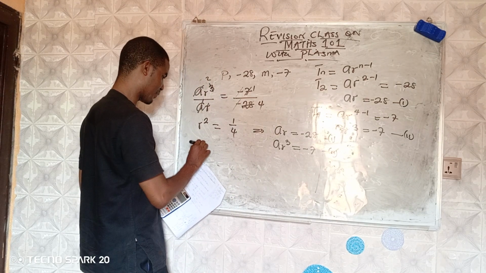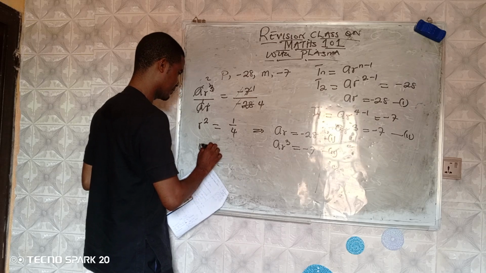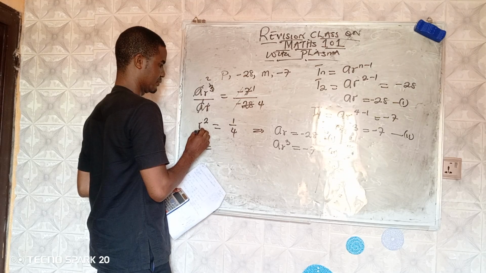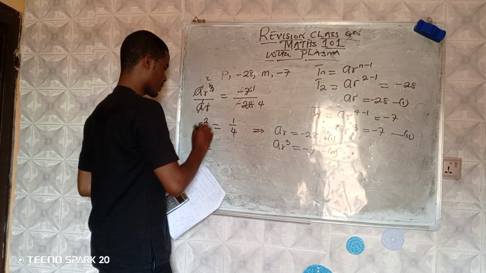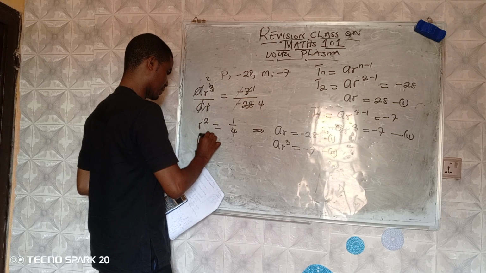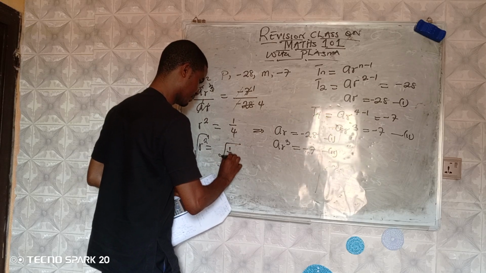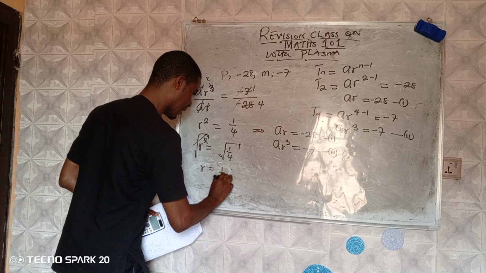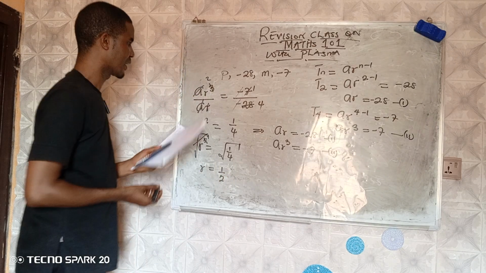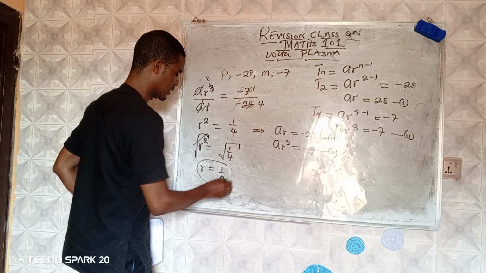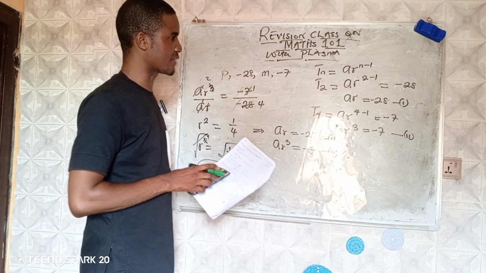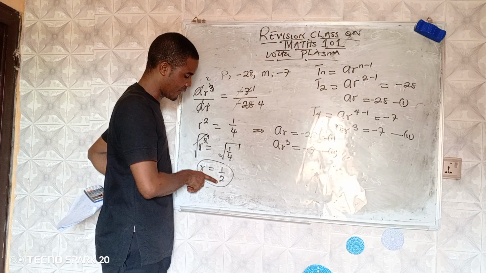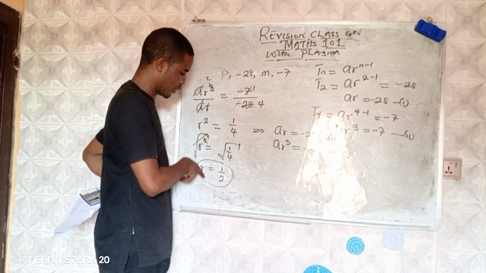To get the value of r, I take the root of both sides, so that this will remove this. My r becomes 1 over 2. Now, having gotten my r to be 1 over 2, someone will ask, but your r the other time was minus 1 over 2, and now we are getting r to be 1 over 2.